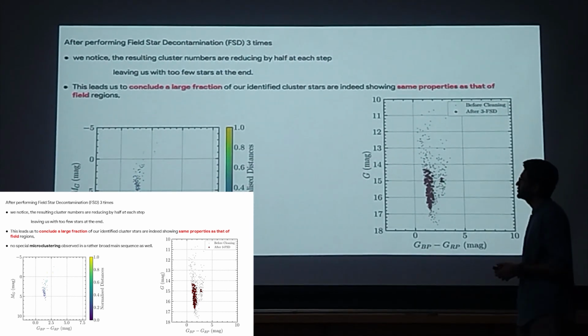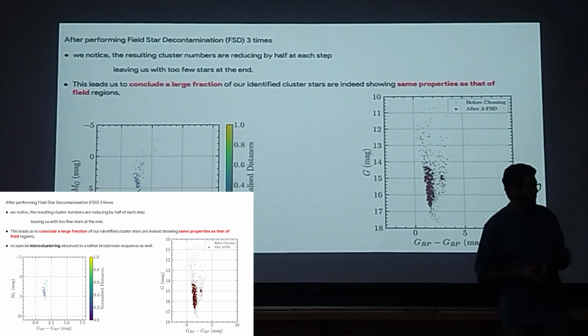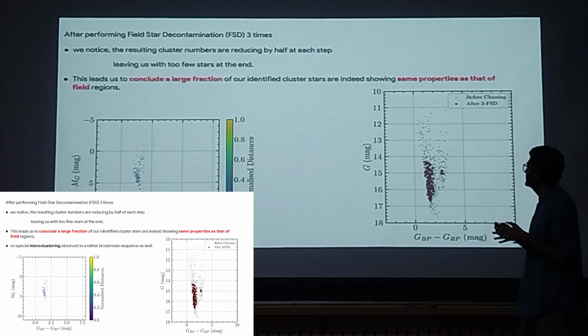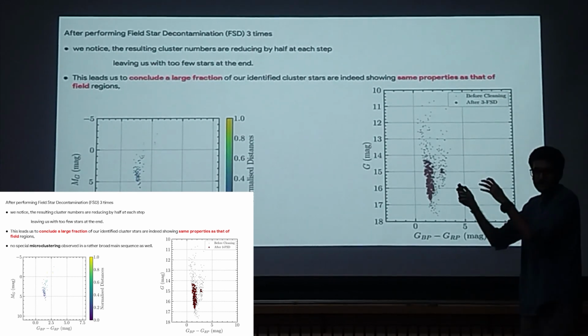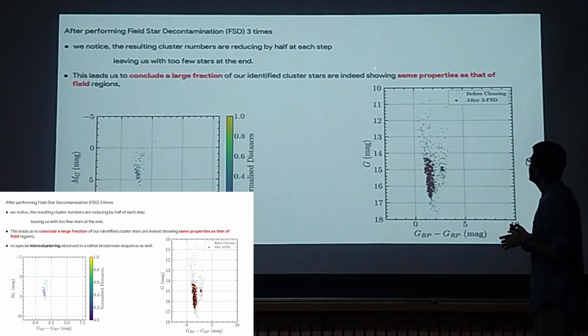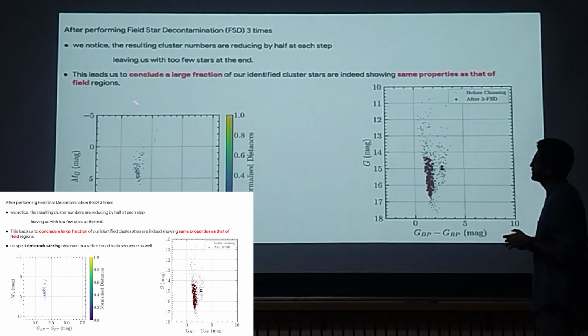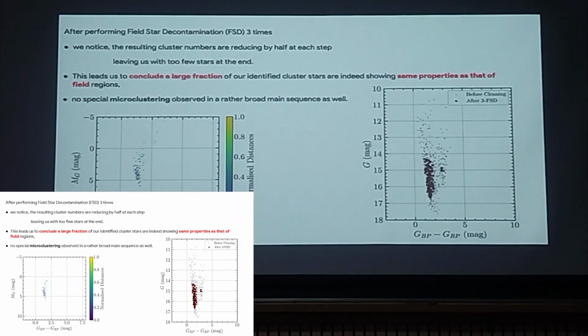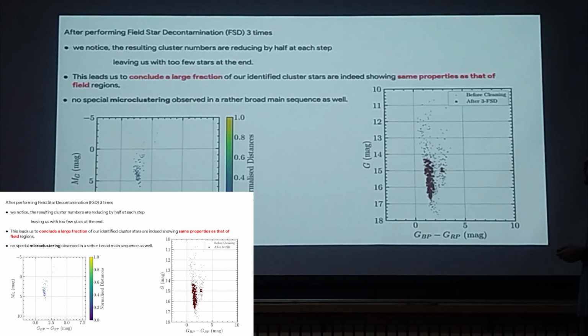This leads us to conclude that a large fraction of our previous most probable candidates are indeed showing the same properties as that of field regions. So this is a very big mystery, and also no special microclustering is observed in the main sequence as well.